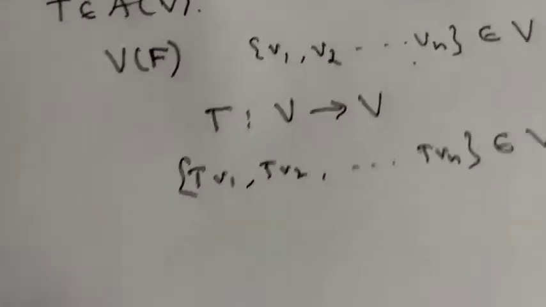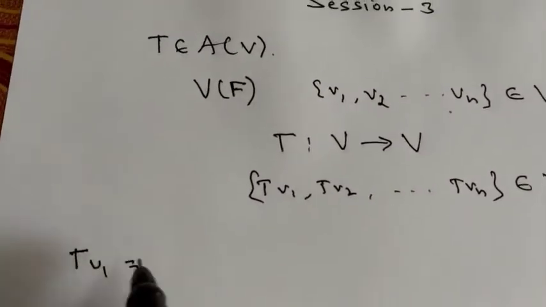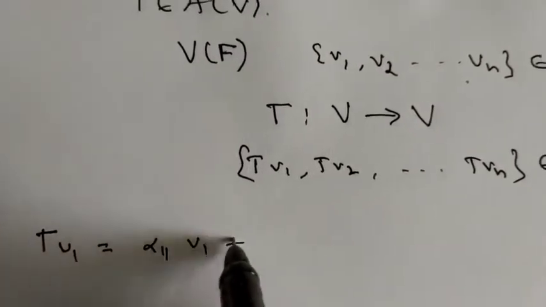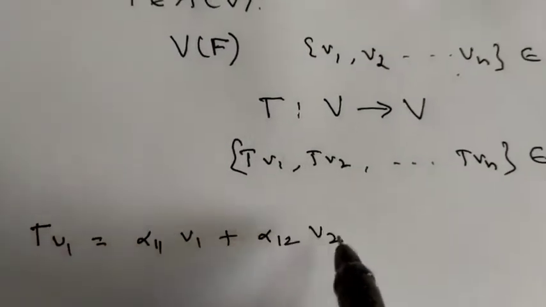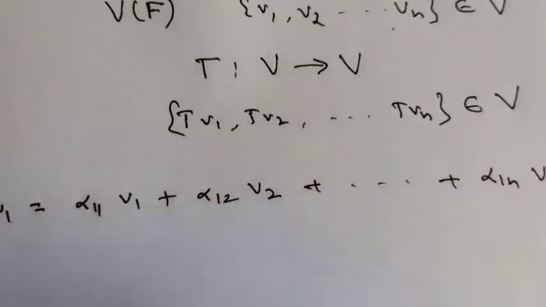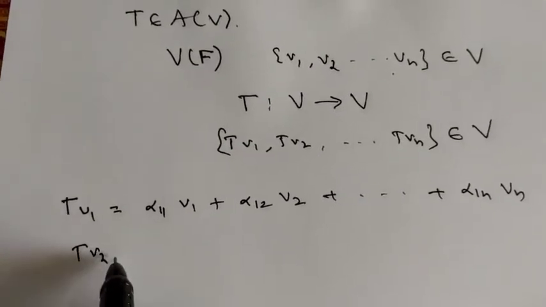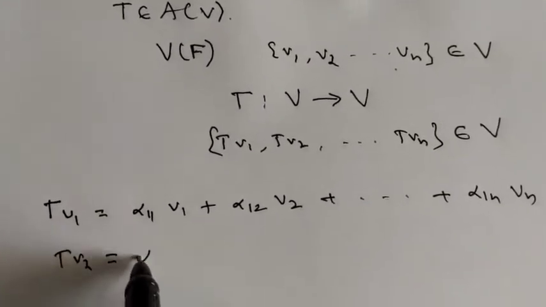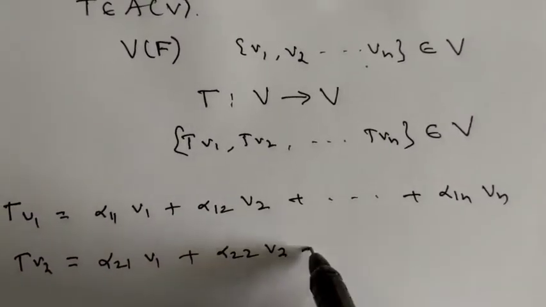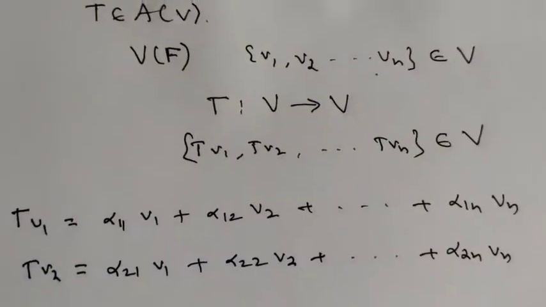Say T of V1 is equal to alpha 1 1 V1 plus alpha 1 2 V2, etc., alpha 1n Vn. Now similarly T of V2 is also an element of V. So T of V2 is equal to alpha 2 1 V1 plus alpha 2 2 V2, etc., alpha 2n Vn.